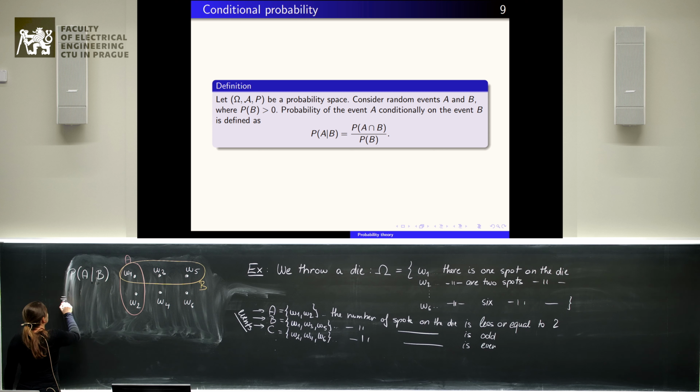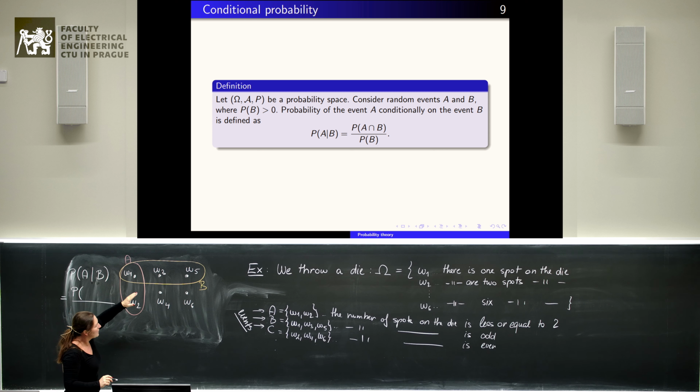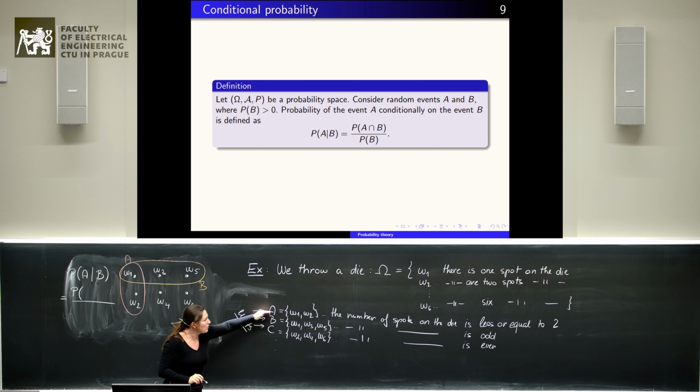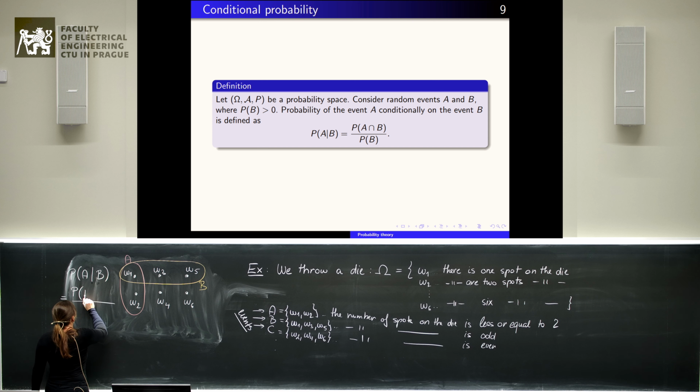Okay? So it means that we calculate the probability of the events satisfying that the number is less or equal to 2, but it must be also odd.